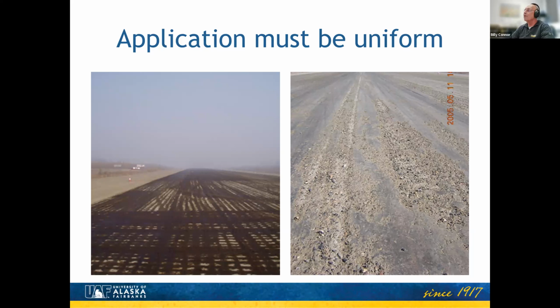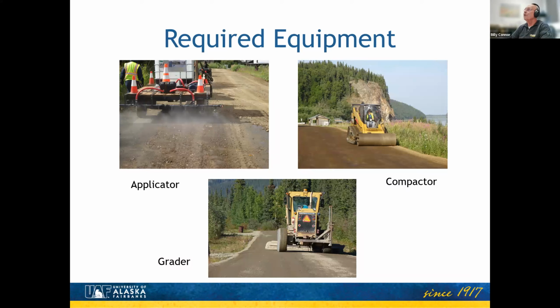So if you don't put it down correctly, it's not going to perform very well for you. But if you do put it down correctly, you can get a pretty nice uniform looking road segment. You can see it being put down on a uniform road here with the applicator, which is required.